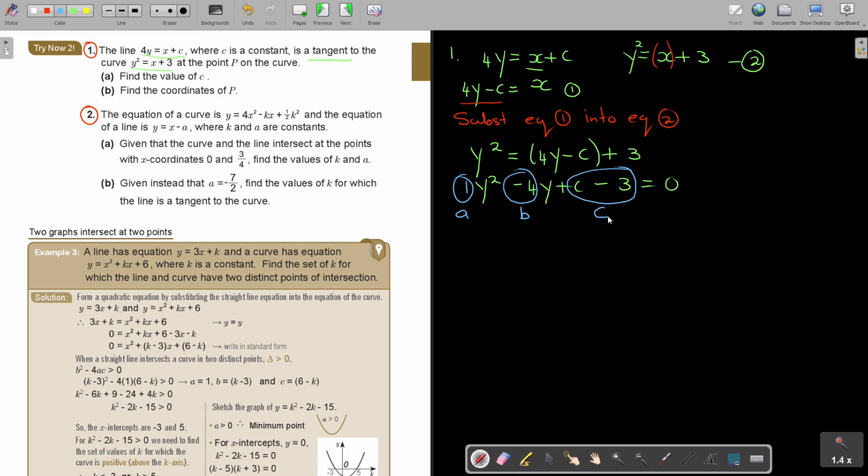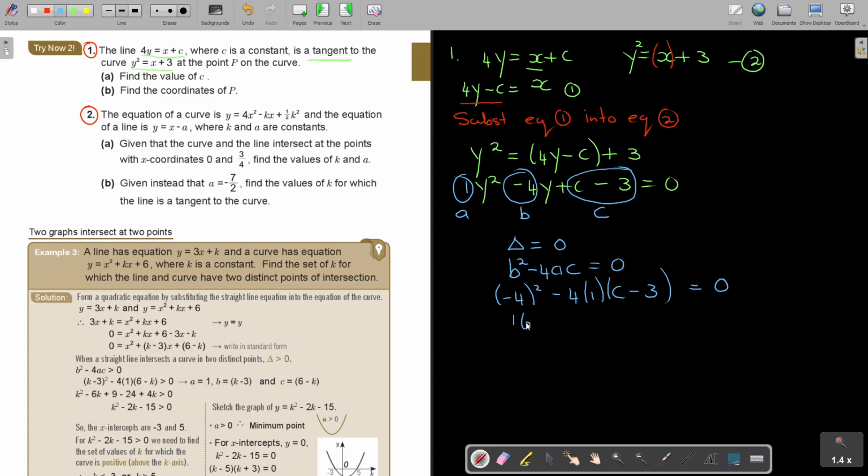So I'm going to start by saying a tangent, so I know the discriminant will be equal to 0. So B squared minus 4AC will be equal to 0. So it's going to be negative 4 squared minus 4A and C minus 3. And that is equal to 0.